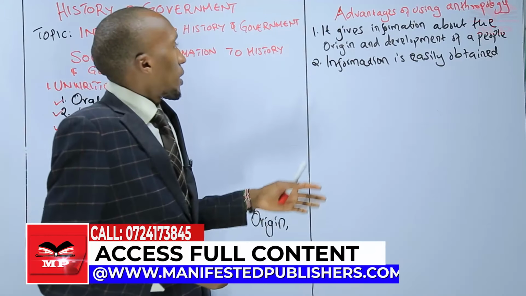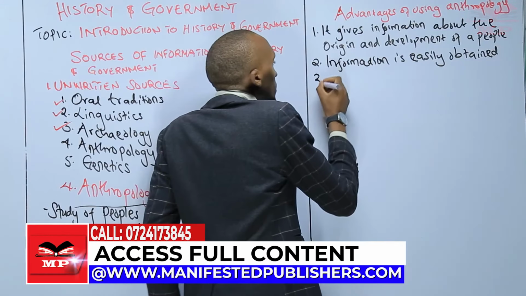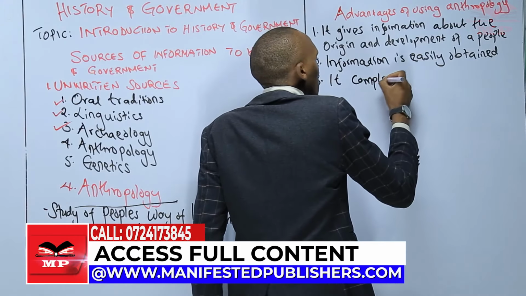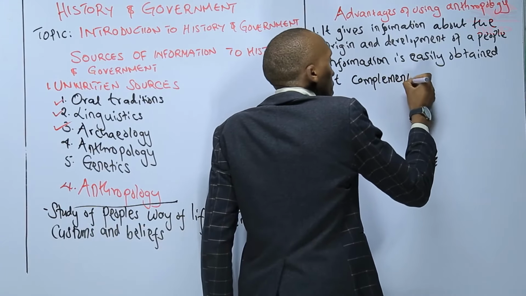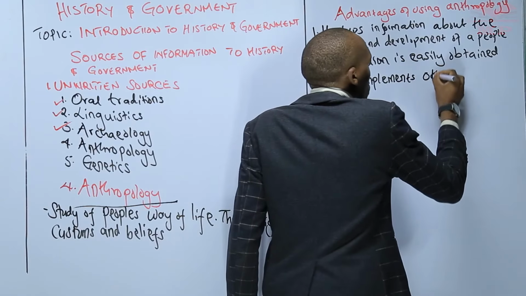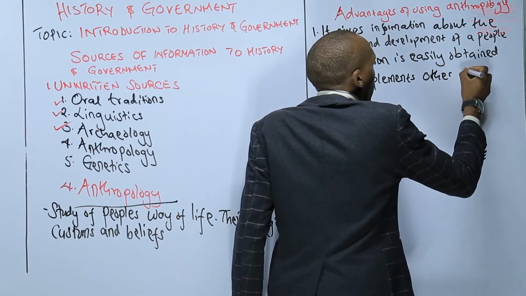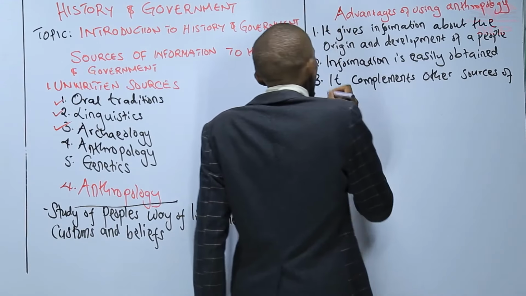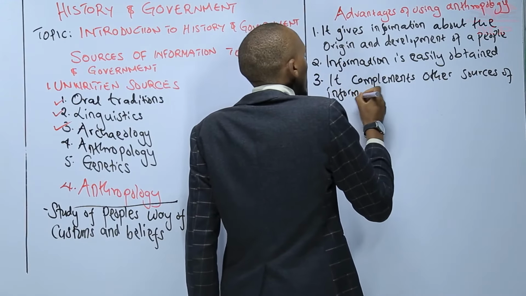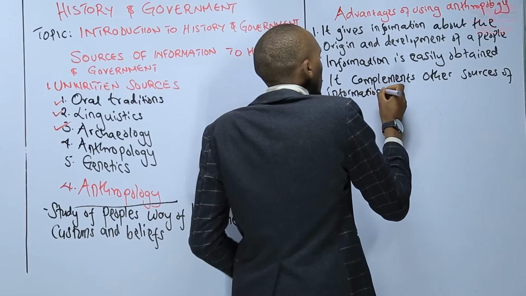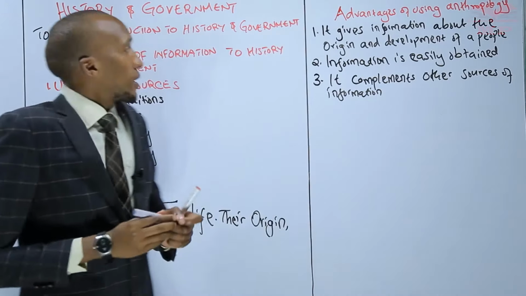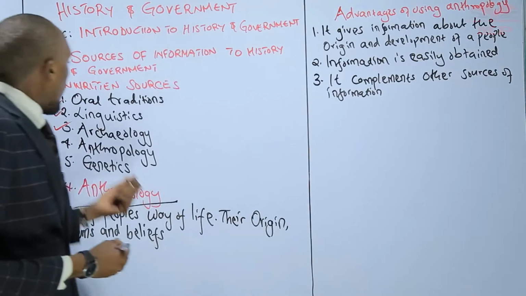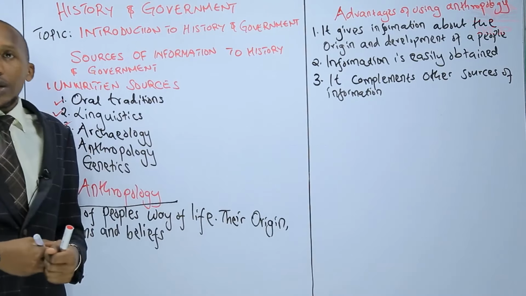And then number 3, it complements other sources of information. For example, an anthropologist can very easily interact with a linguist, a person who is studying languages, right?